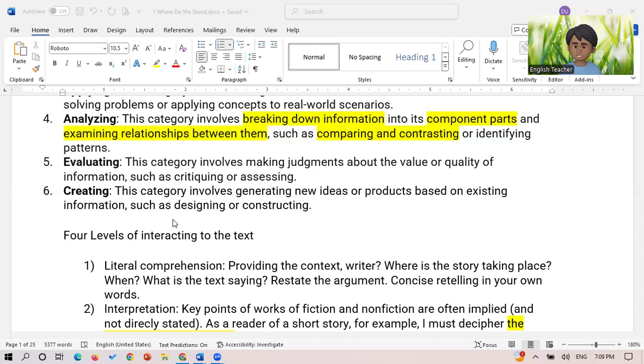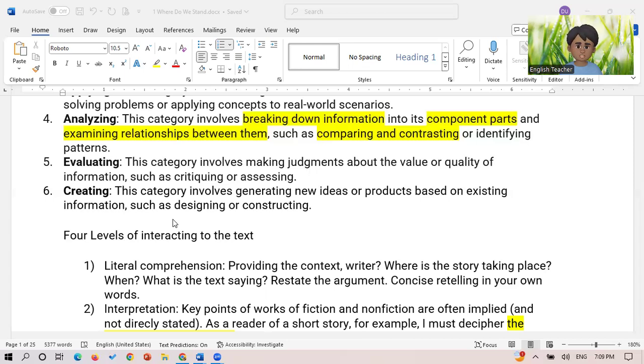Now you are writing another essay about where we stand in Nepali culture after reading where Americans stand when they interact with other people. That is creating. It involves generating new ideas, making new products, using given information, designing new models, constructing new samples.